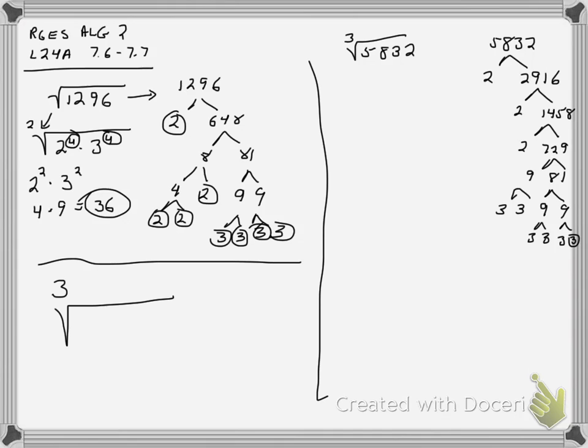And I like to circle all my primes so that I don't get them lost in all this sea of numbers here. And I will write it out then. That equals the cubed root of 2 cubed and 3 to the 6th.